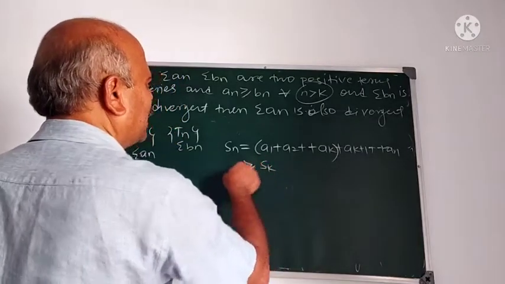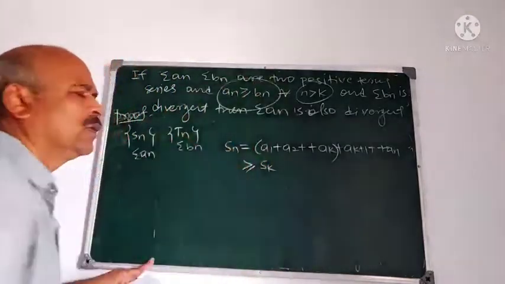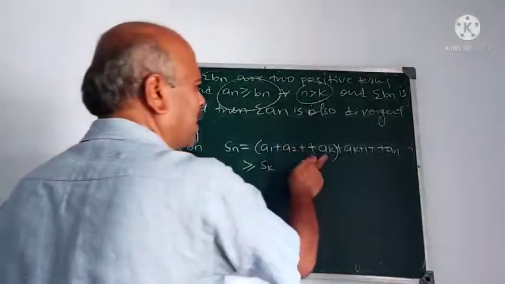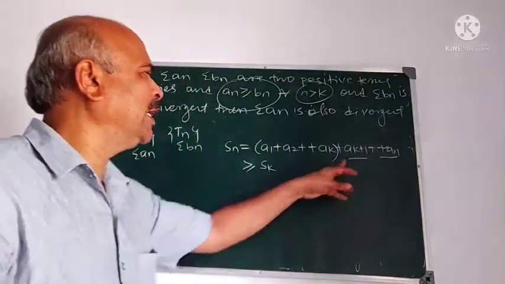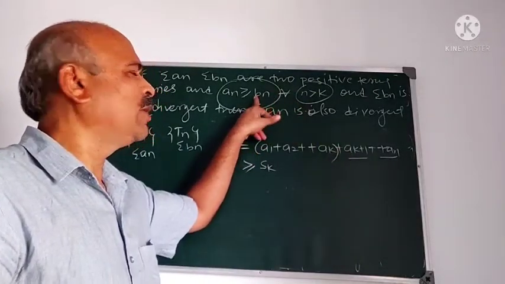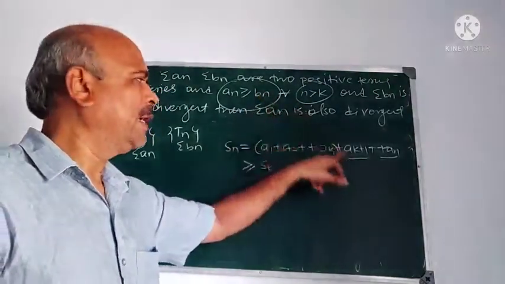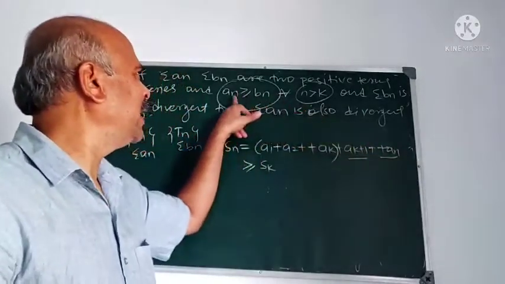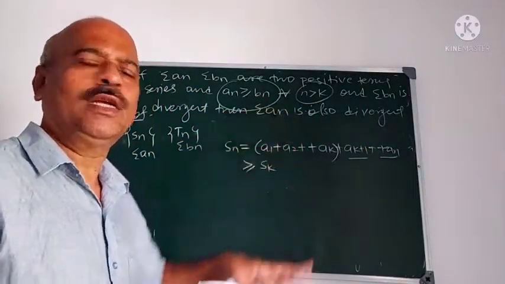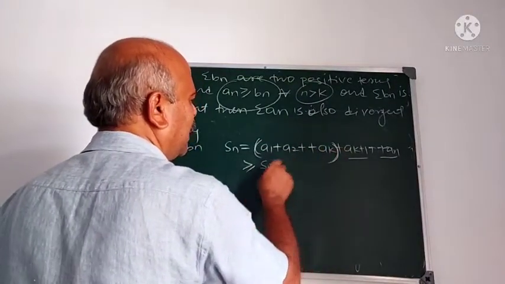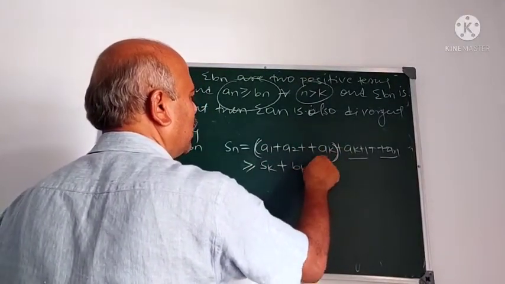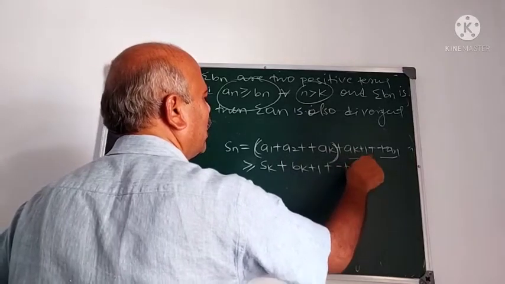I write greater than or equal to, because an is greater than or equal to bn for all n greater than k. Therefore from ak plus 1 onwards we can take ak plus 1 is greater than bk plus 1. So we keep Sk itself, plus bk plus 1 plus etc. plus bn.